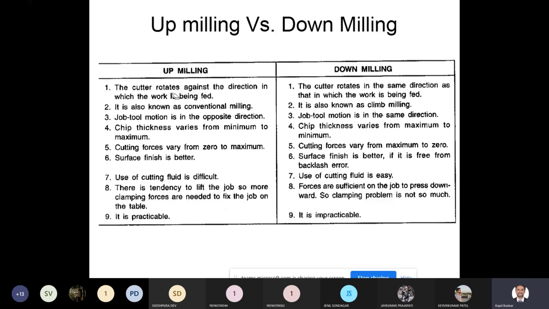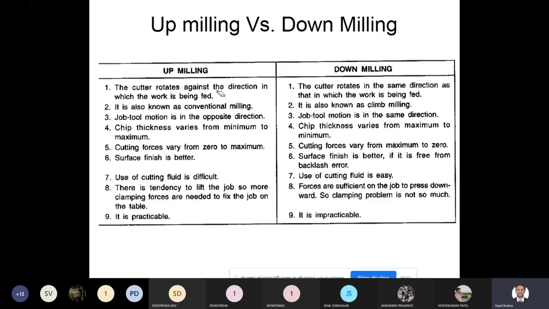So here the directions of the cutter and workpiece are opposite. While in down milling, the cutter rotates in the same direction as that in which the workpiece is being fed. It means the same direction of the cutter and workpiece. And in up milling, it is the opposite direction.